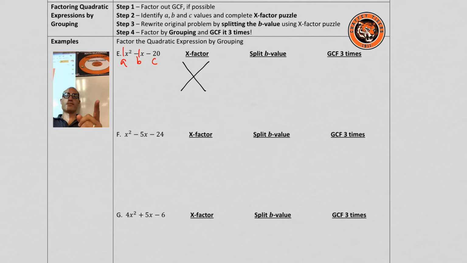Now, the number on the top here will always be A times C. So whatever your A and your C values are, you're going to multiply them and put that number right in this place. So in this case, A is 1, C is negative 20. So 1 times negative 20 is negative 20.